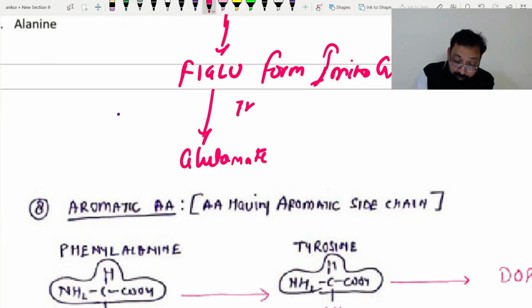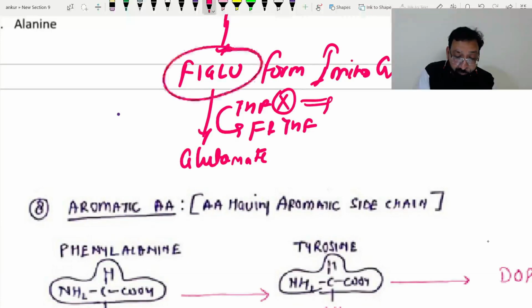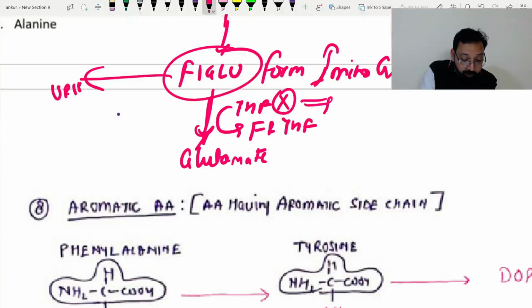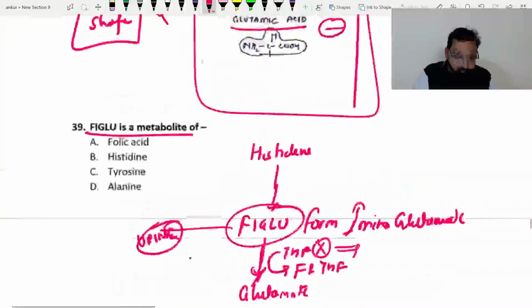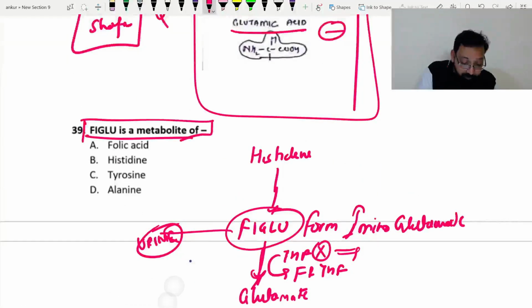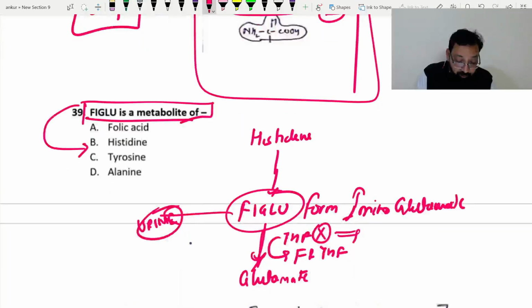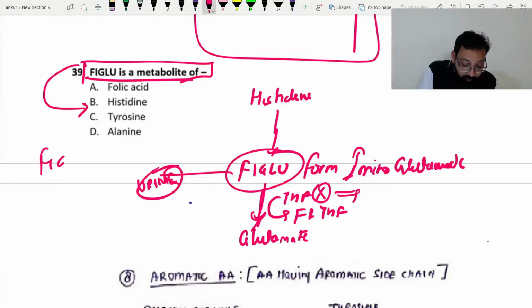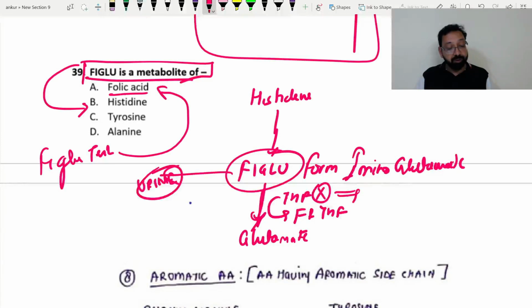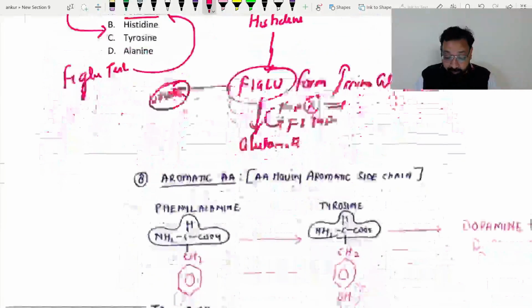In this reaction, tetrahydrofolate is converted to formimino-tetrahydrofolate. If folic acid is deficient, FIGLU will not be converted to glutamate and will be excreted in urine, giving a positive FIGLU test. If the question is asked, FIGLU is a metabolite of, the answer is histidine. If the question is asked, the FIGLU test is done for, the answer is folic acid deficiency. Both are questions.